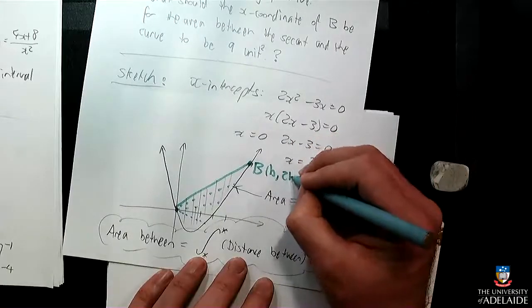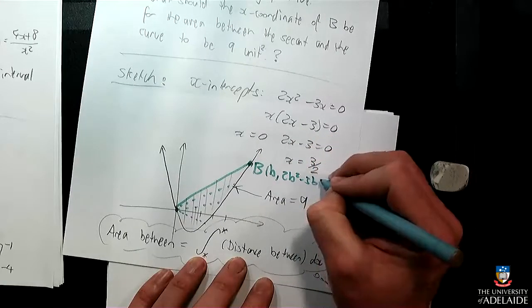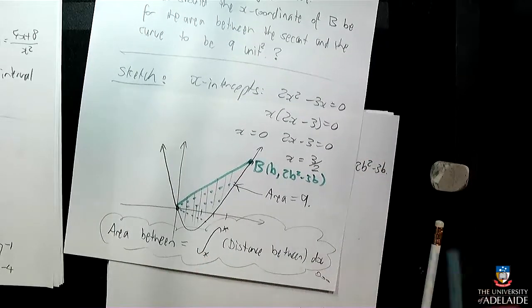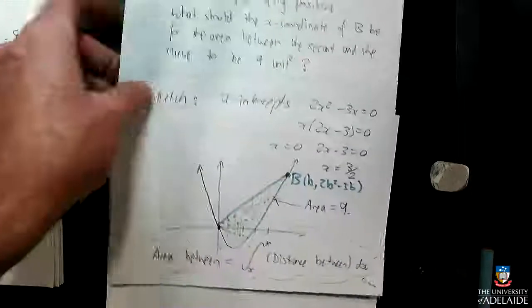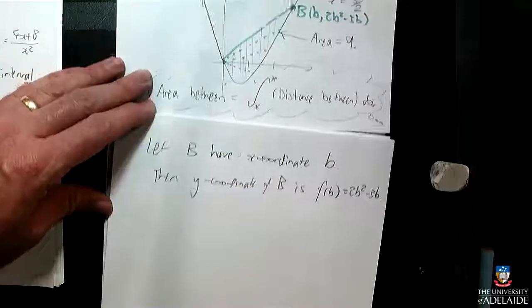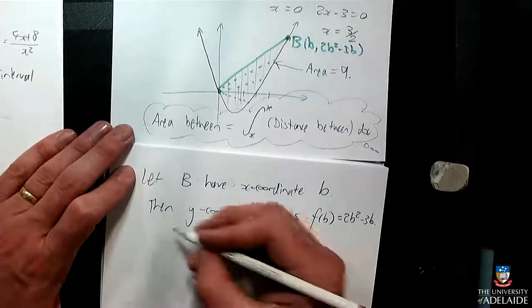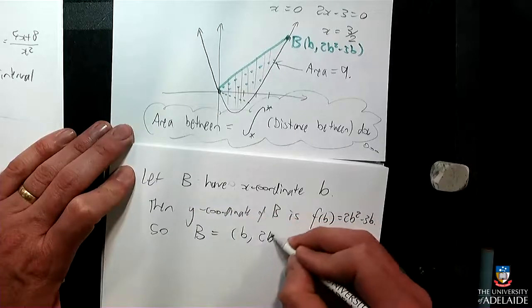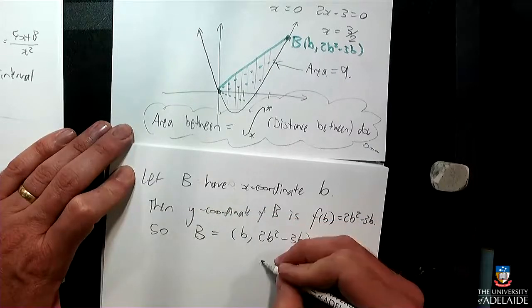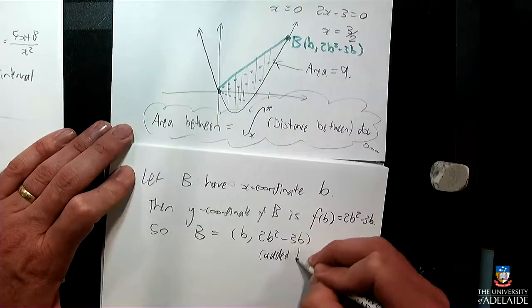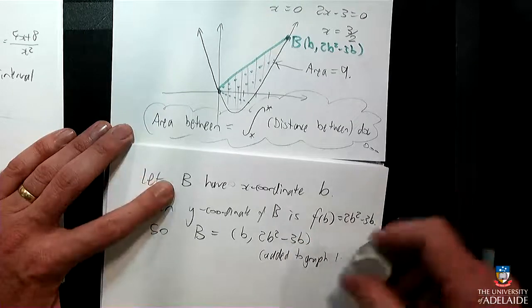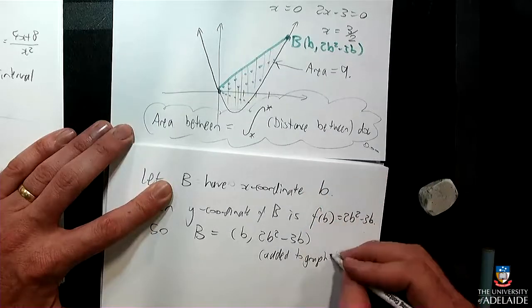B, 2b squared minus 3b. I know it's sort of jumping the gun to put it in now. So B is the point (b, 2b squared minus 3b), which has been added to the graph.